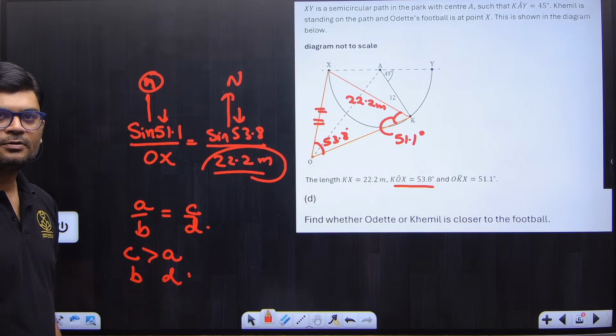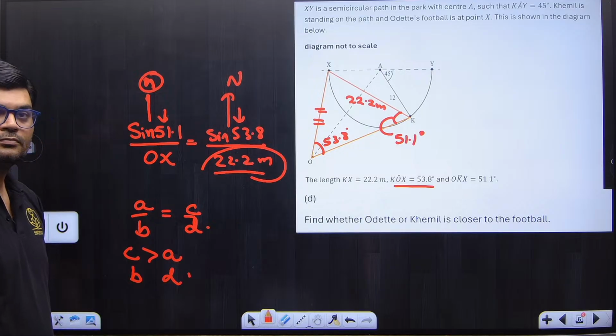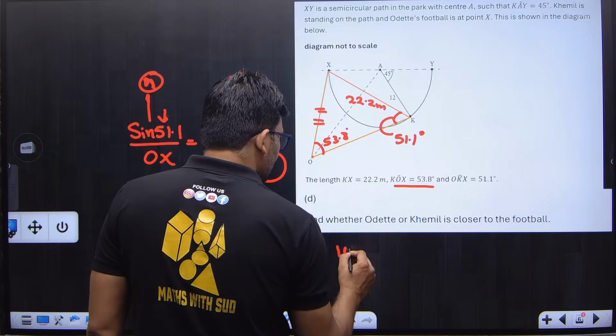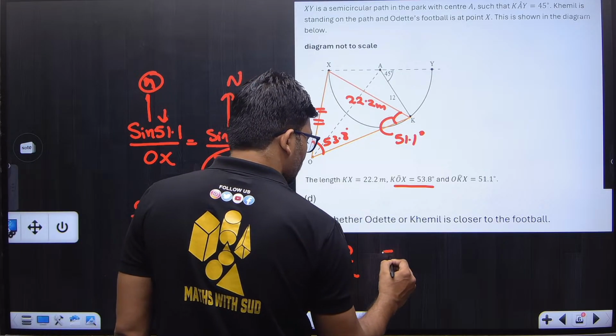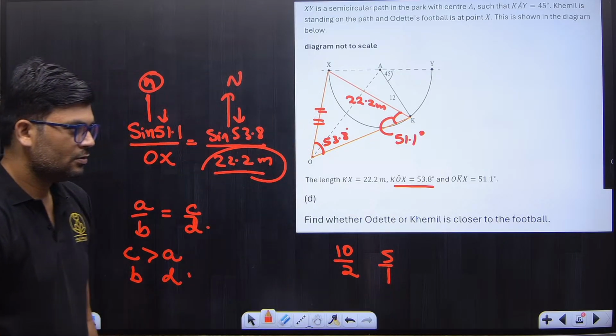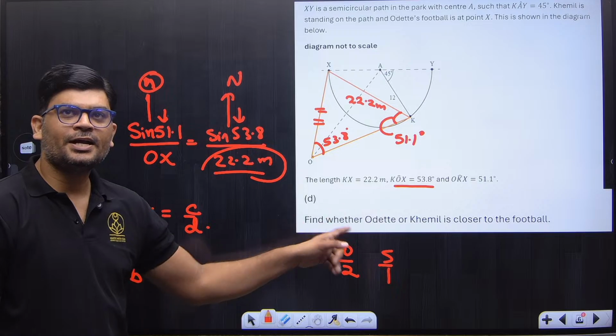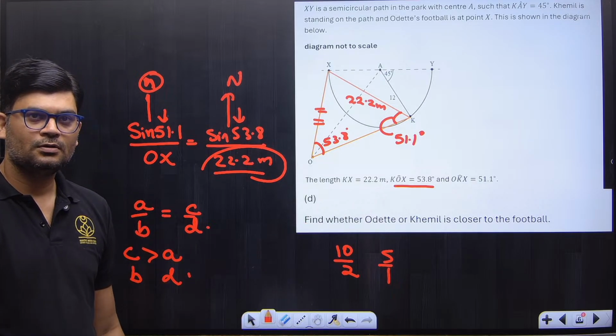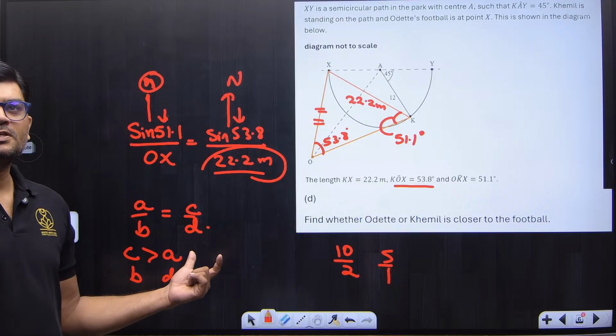Who is greater? Don't just guess around. Let us take an example: 10 divided by 2 equals 5 divided by 1. If 10 is greater than 5, what can you say about 2 and 1? 2 is greater.